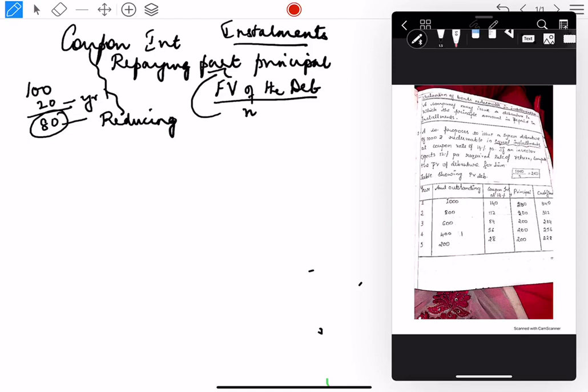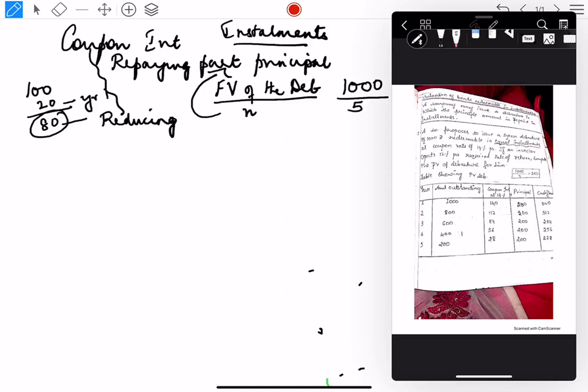Please go through the problem that is there with you, and let's see what sense we make out of it. A company proposes to issue a 5-year debenture. So the number of years is 5. Again, face value is 1000, redeemable in equal installments. When it is redeemable in equal installments, the part of the principal repaid at the end of each year is calculated by taking the face value, 1000, divided by the number of years, 5.